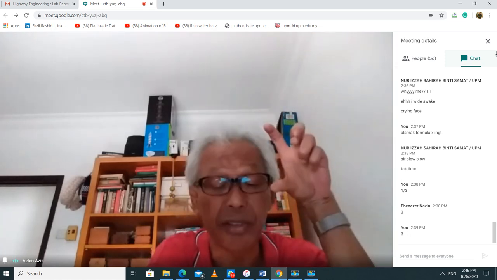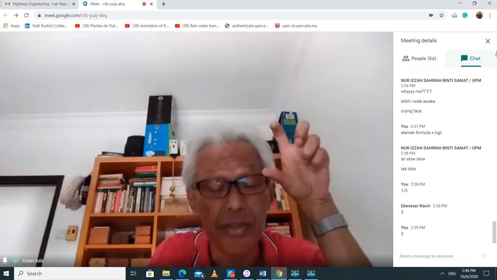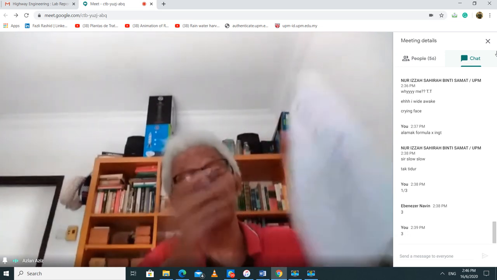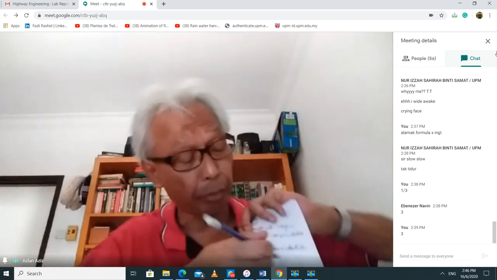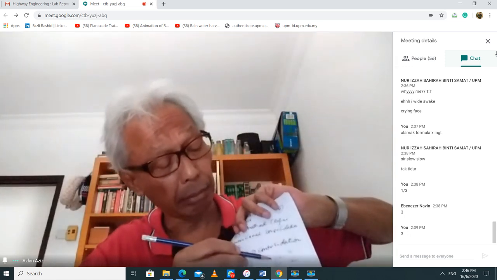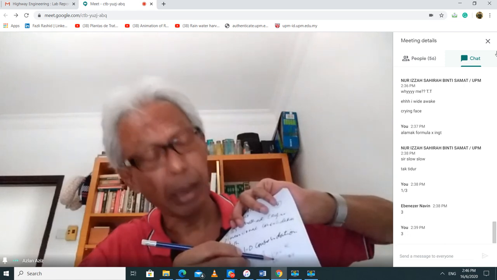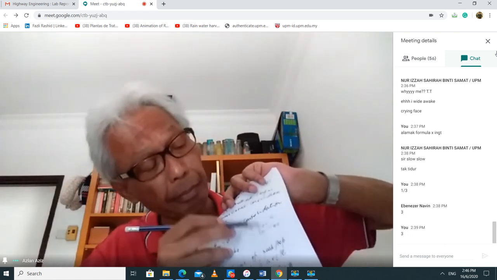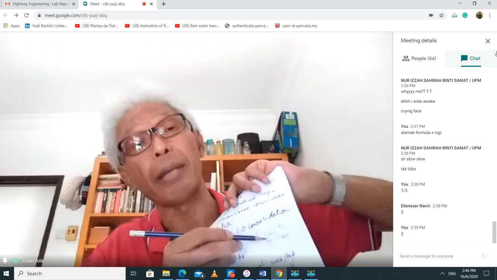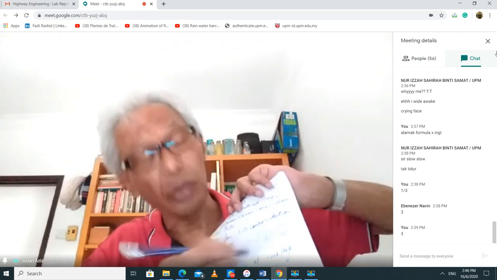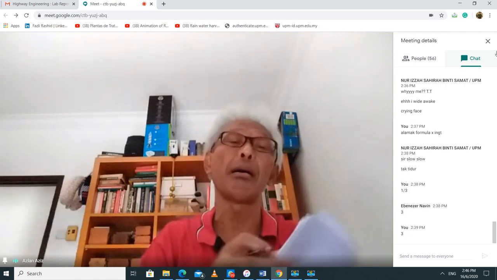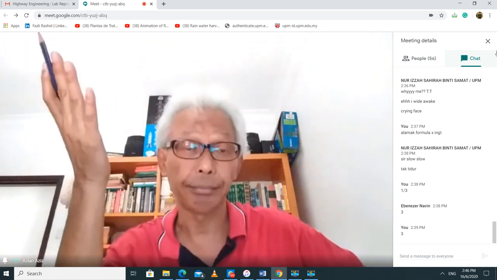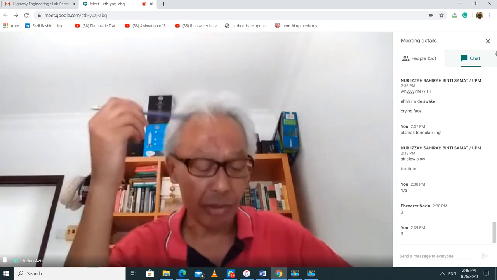Z is the distance from the surface to right in the middle of the element. So from the top to that middle is my Z, and if the unit weight of the soil is gamma, I can get sigma 1 as gamma multiplied by Z. So that's the vertical stress.